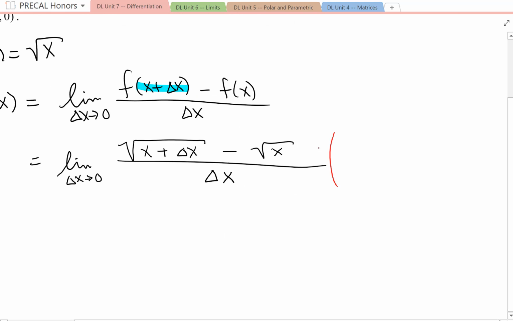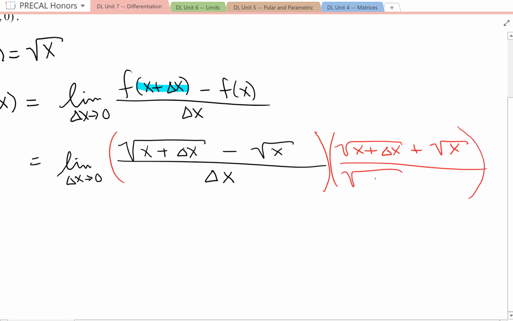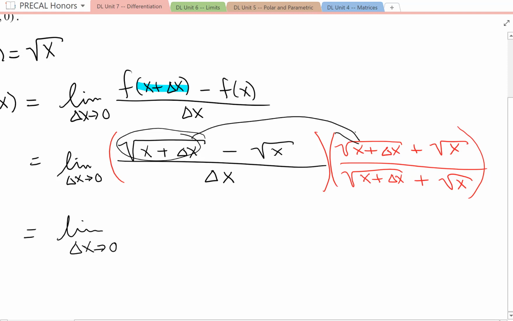So we're going to multiply by the conjugate, which is the same two terms, except we change the sign between them. So square root x plus delta x plus square root x. We're going to distribute that. Square root x plus delta x times square root x plus delta x.